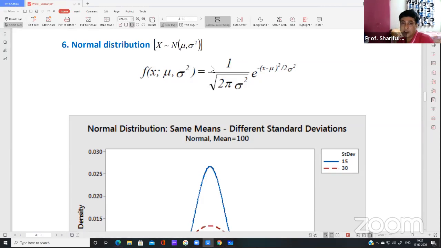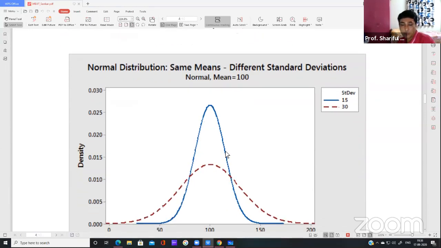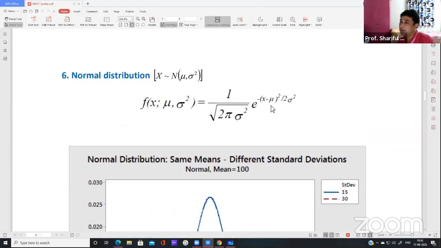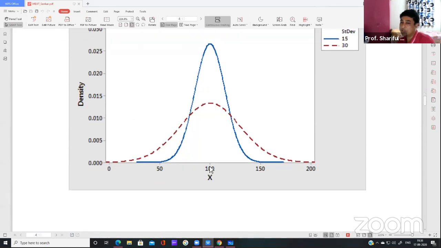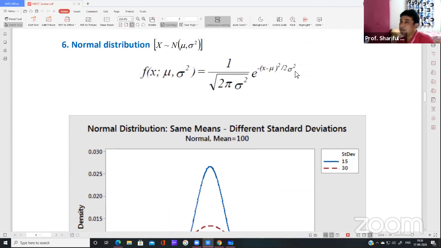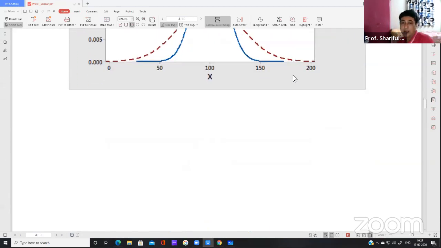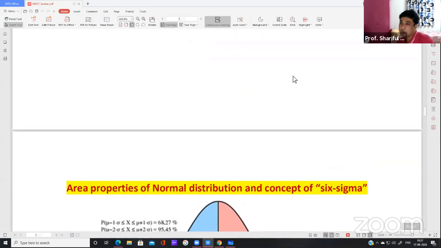If we apply the physical or mathematical form of the Brownian laws of motion, you will get the functional form of this curve, which can be represented in this way. Here mu is nothing but the position of the scented molecule, the center, and sigma is the standard deviation. What is the standard deviation? We will discuss it a little later. So this is the kind of distribution.